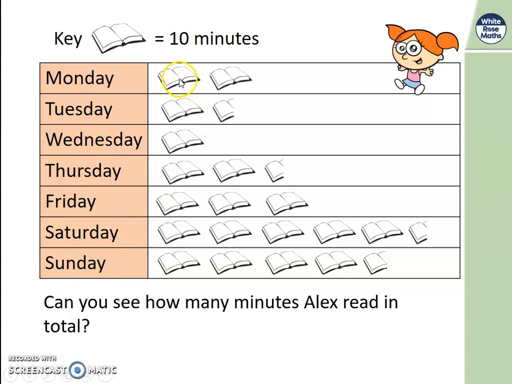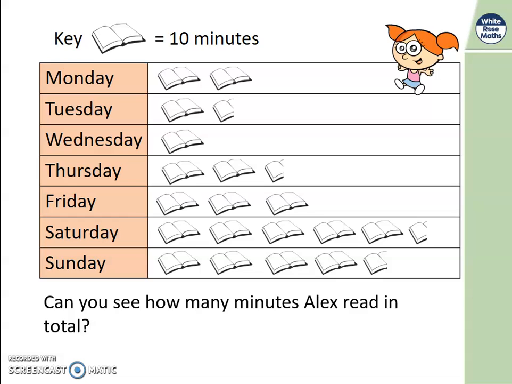Let's count together. It's easier to count the whole ones first, so we're going to be counting up in tens. So 10, 20, 30, 40, 50, 60, otherwise known as 1 hour, 70, 80, 90, 100, 110, 120 minutes, and 120 minutes is the same as 2 hours, 130, 140, 150, 160, 170, 180.